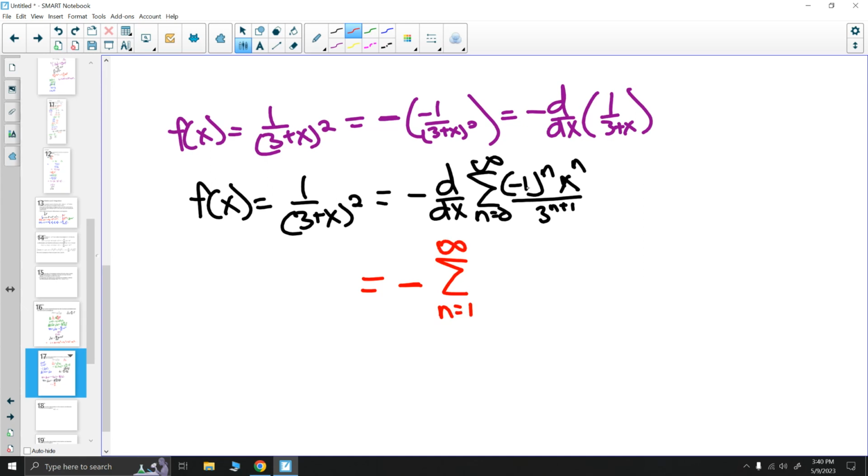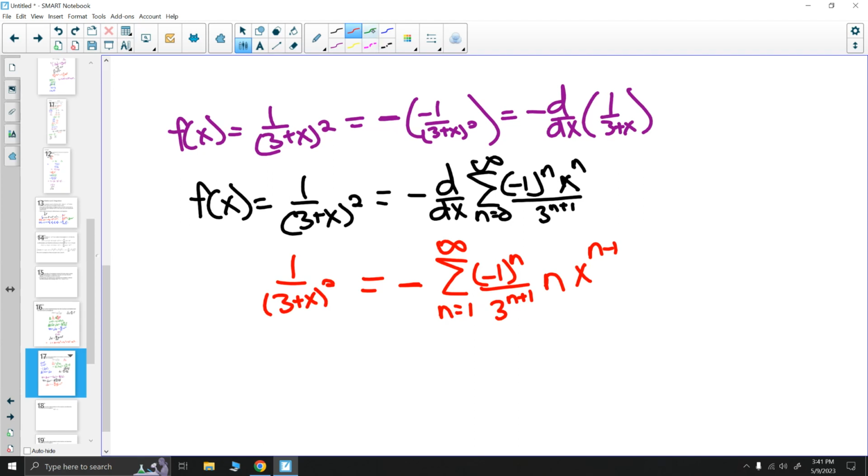This stays the same, negative 1 to the n, and this stays the same, 3 to the n plus 1, because they're both constants. Our x to the n is the only thing that we're deriving, basically. We're doing the power rule. n comes down in front, x to the n minus 1. This is our 1 over (3 plus x) squared.